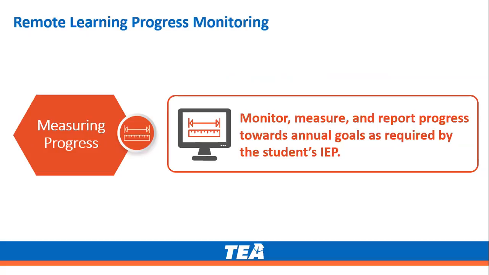Progress toward annual goals must be measured and reported during remote learning. LEAs must make reasonable efforts to continue measuring student progress toward the annual IEP goals as specified in the student's IEP. LEAs must report this progress at least as often as parents of non-disabled students are informed of their progress.